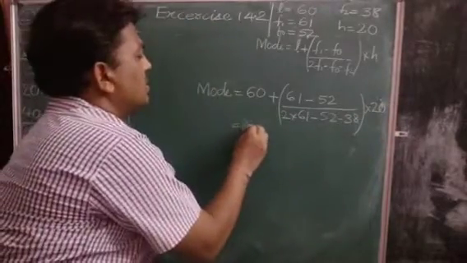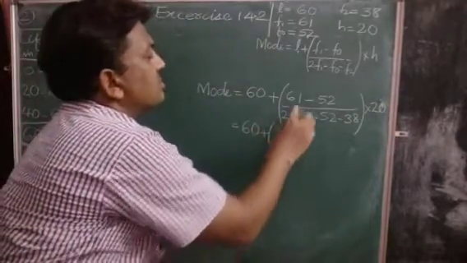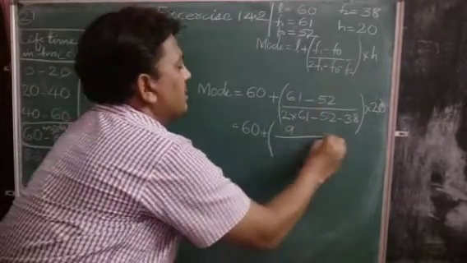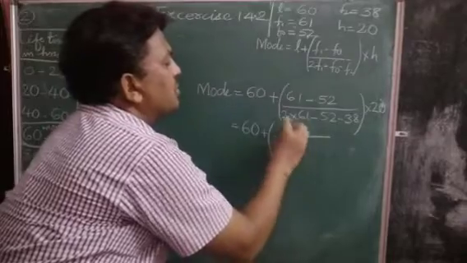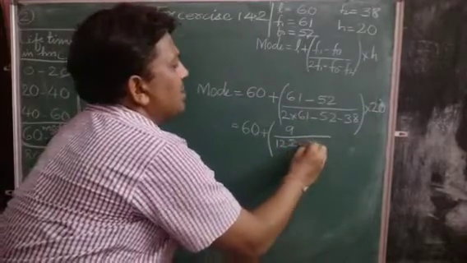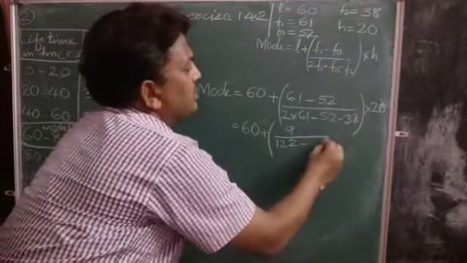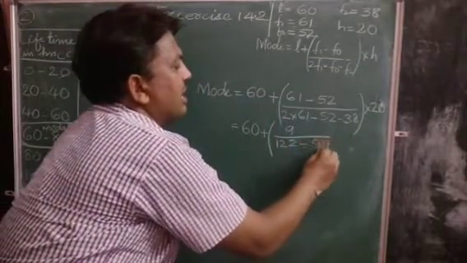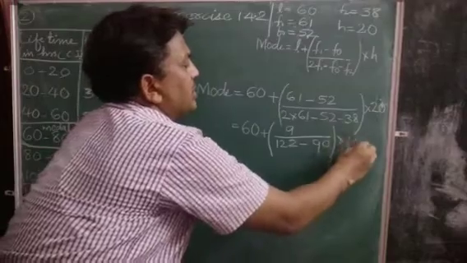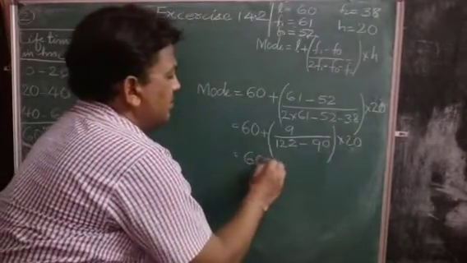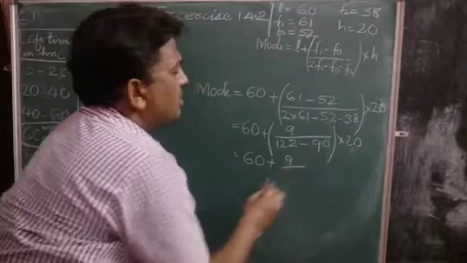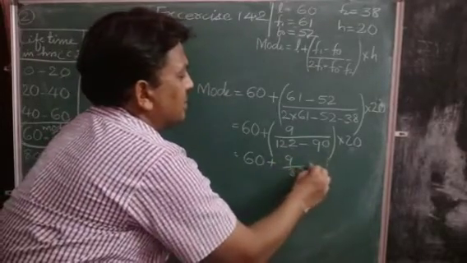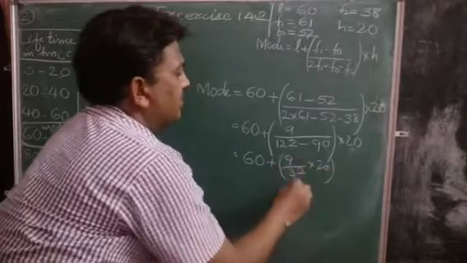So it is equal to 60 plus 61 minus 52, 9, divided by 2 into 61, that is 122 minus 90, 32, into 20.